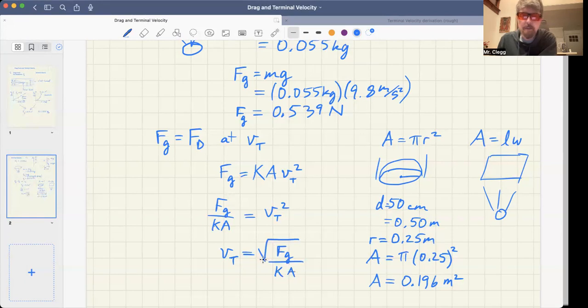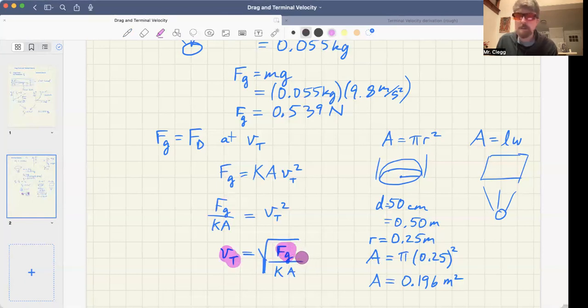I need to make my square root sign a little longer so it covers the whole thing. There we go. That looks a little funny. Anyway, I think you can see that. So there's my actual equation for terminal velocity. One of the things you'll notice is that the weight makes the terminal velocity faster.